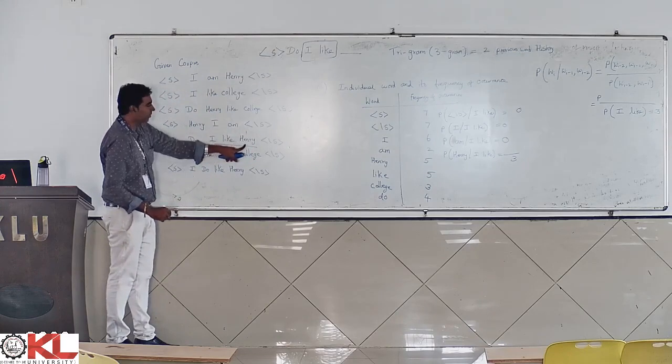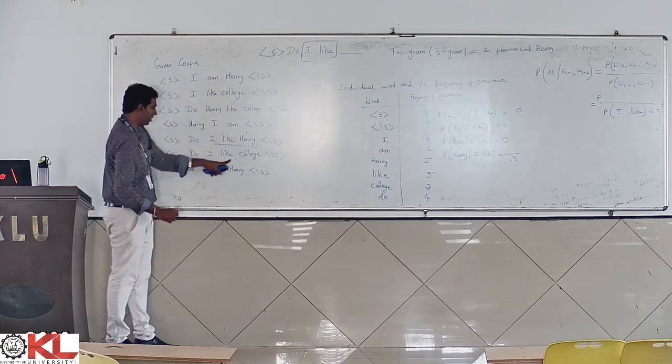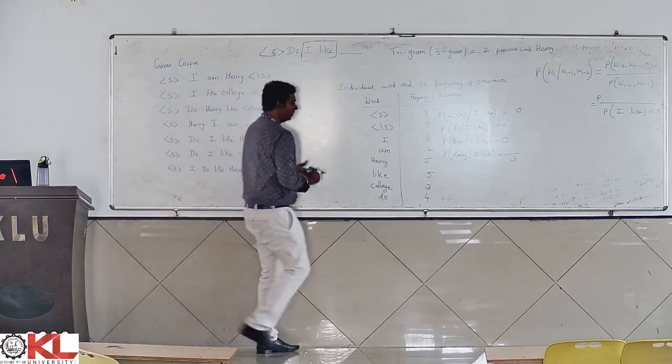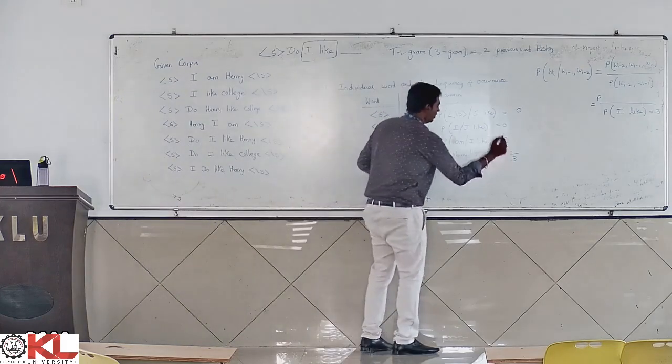The denominator is 3, constant in this problem. The word "Henry" comes only one time, so I am writing 1 by 3.